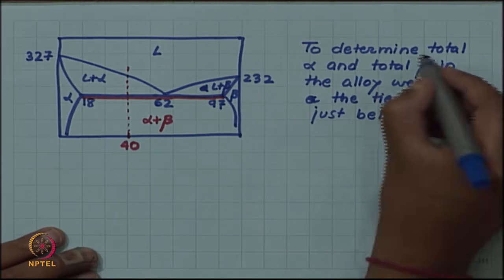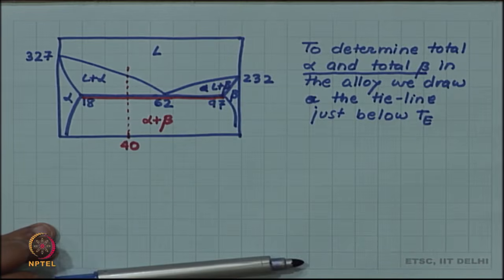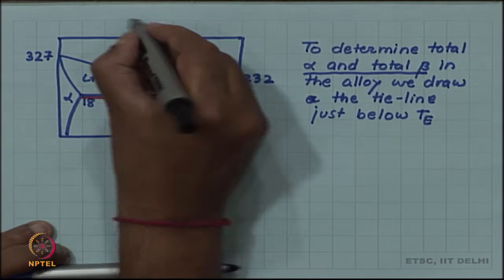Now we are interested in total alpha and beta, which are the phases. So, we are now looking at phases in a hypoeutectic alloy.